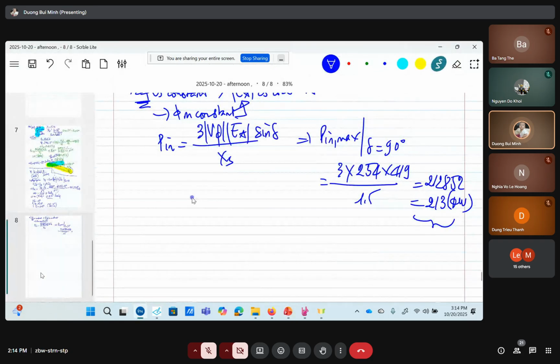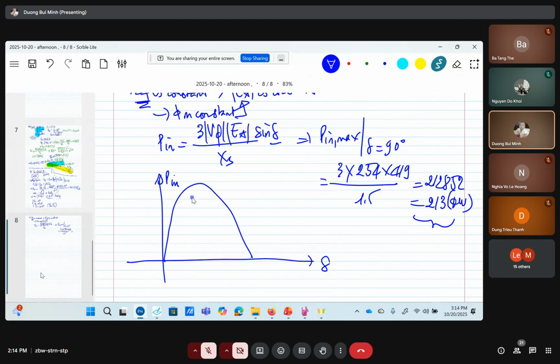Okay, so we also draw the waveform. This is P in, and this one is delta, right? Because this is a sinusoidal waveform, you get the curve of P in like this.